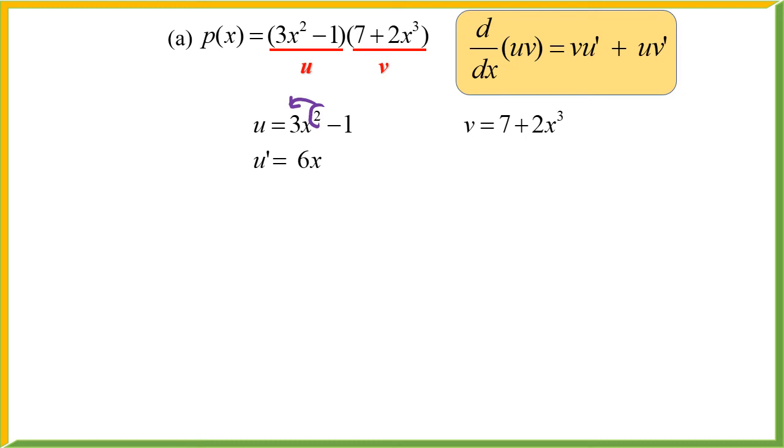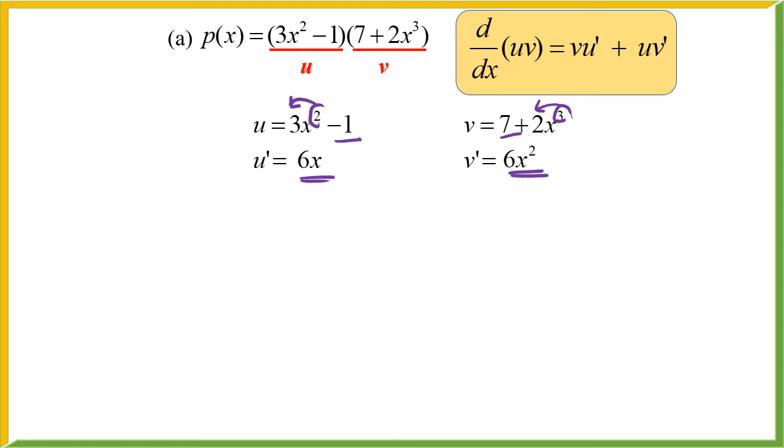So u prime is equal to 6x. How about v? v equal to 7 plus 2x cubed. So constant 7 will be 0. And then v prime will be this 3 multiplied by 2, so 6x power of 3 minus 1 which is equal to 2. So we have these as u prime and v prime.